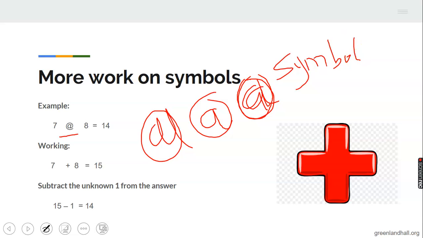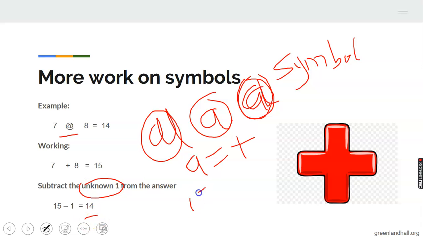Now we say 7 plus 8 will give us 15. Then there's an unknown 1 that is there. So when you say 7 plus, your @ is standing for what? Plus. Good. Now you say 7 plus 8 will give us what? 15. But do you want to know what to do? You have to subtract 1, which is the unknown, from the answer, so you can get your 14.